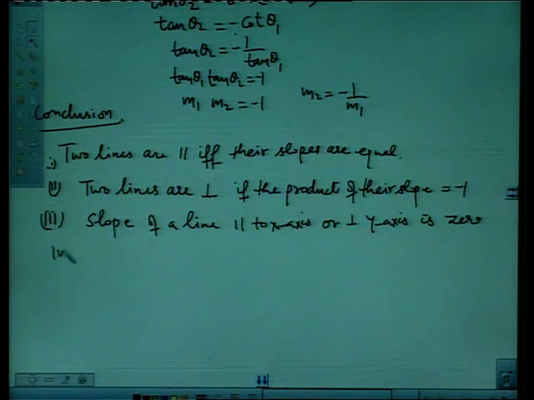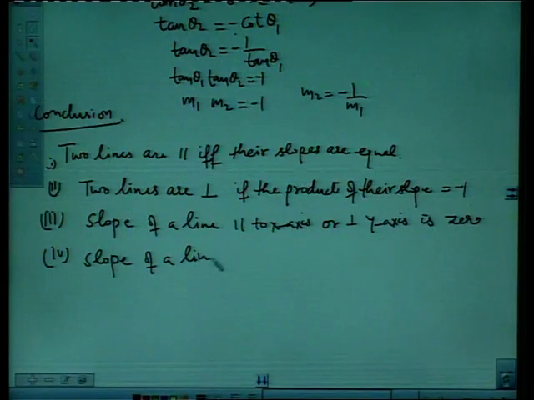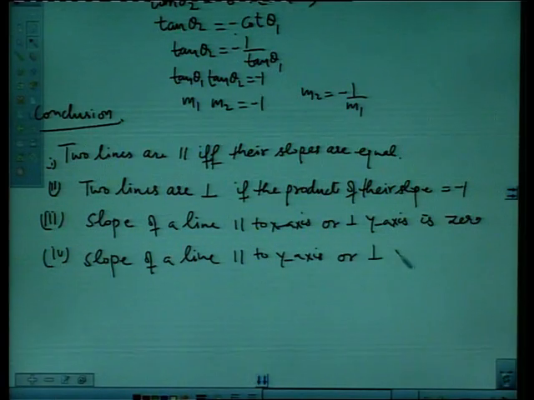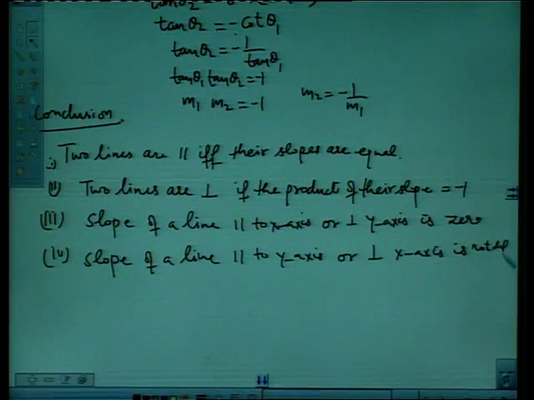Number 4, slope of a line parallel to y axis or perpendicular to x axis is not defined.